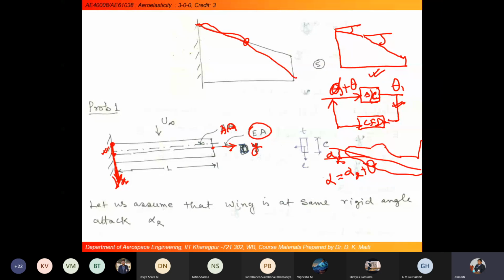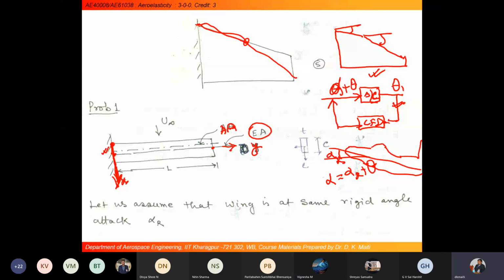The resultant pressure will act through the aerodynamic center. However, the equilibrium equation we have to consider about the elastic axis. So the coordinate is starting from the elastic axis towards the rear part of the fuselage.